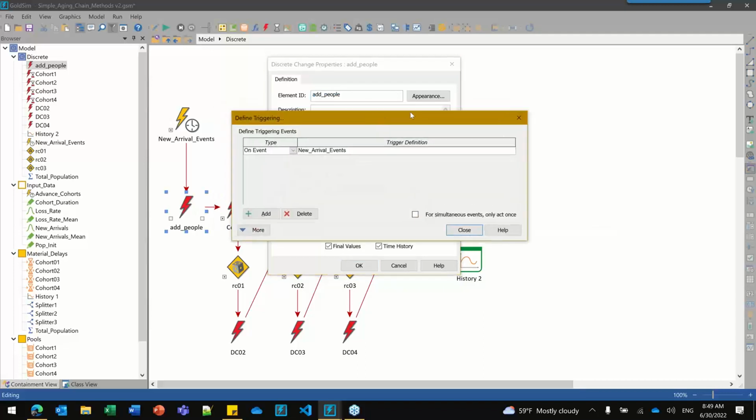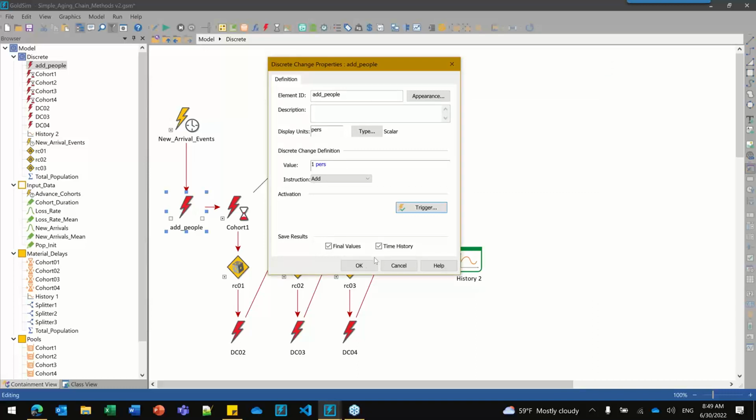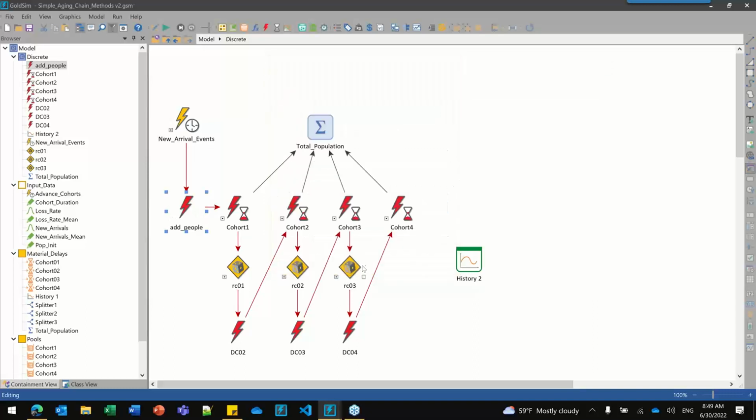If I go to trigger, you see that the trigger is new arrivals, the new arrival event. So when that event occurs, remember this is many times per year and random, right? We are now going to add one person many times per year randomly, and those will be moved into cohort 1, which is now defined as, if you're doing a lot of environmental system modeling, this is probably an element you might not be using very much, but it's in the delay category, and it's called the discrete change delay.